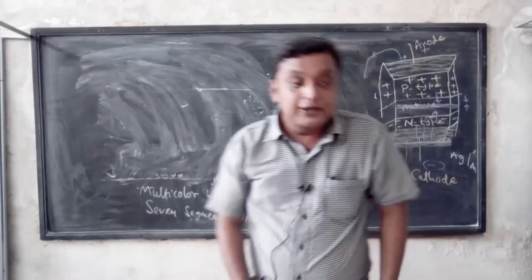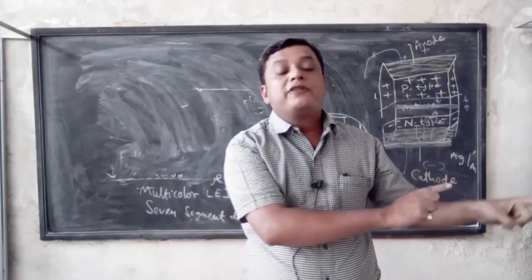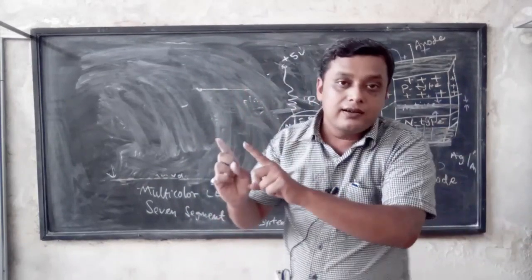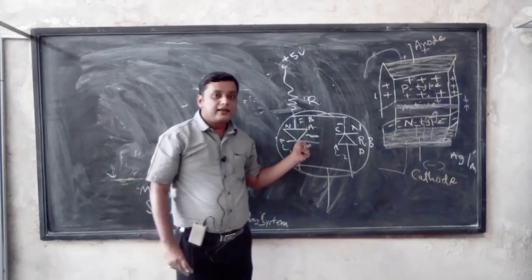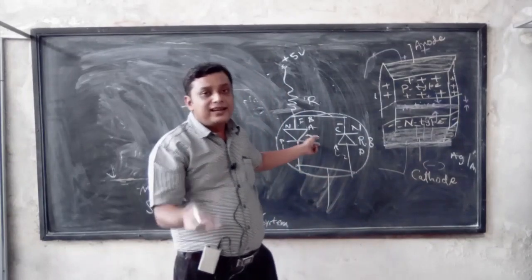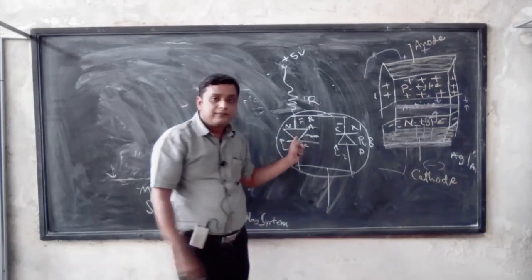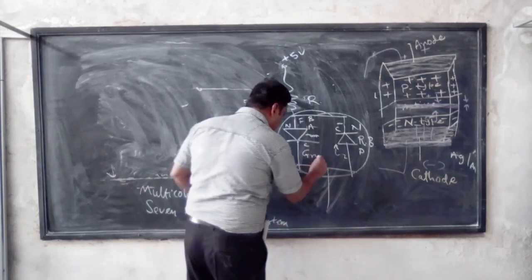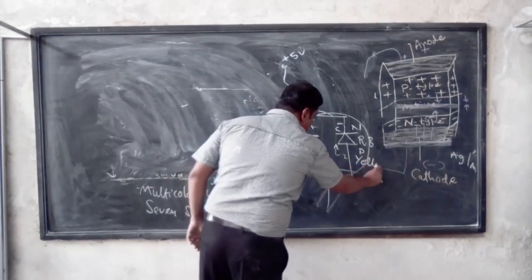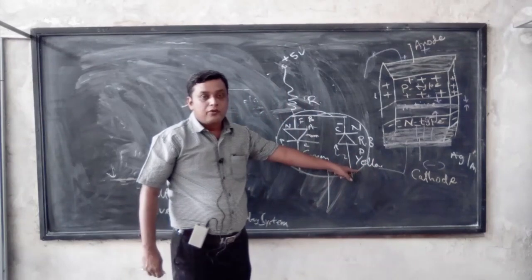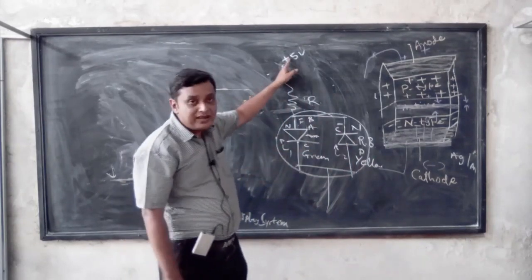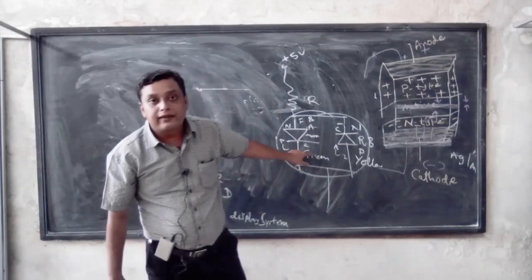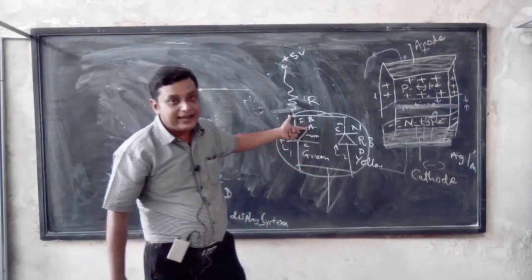If this is under the reverse bias, LED 2 will not be able to generate any light energy. LED 1 is under the forward bias, so we will get light energy from LED 1 only. So this one gives green light, this gives yellow light. So whenever I connect the positive terminal of the battery in this manner, just green light is generated by the LED.